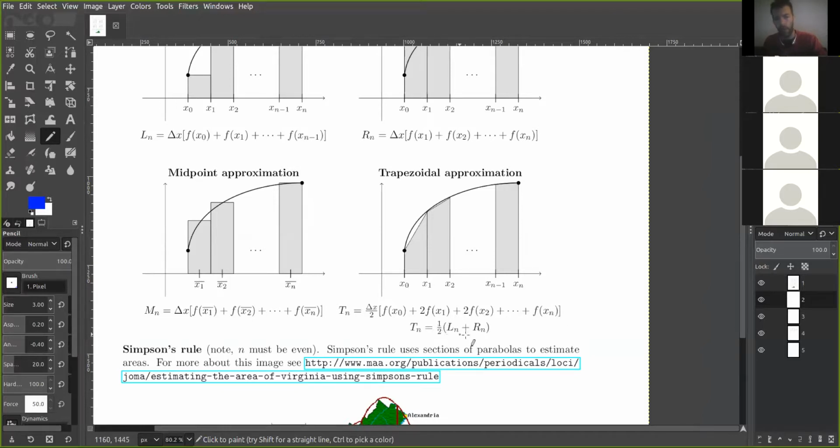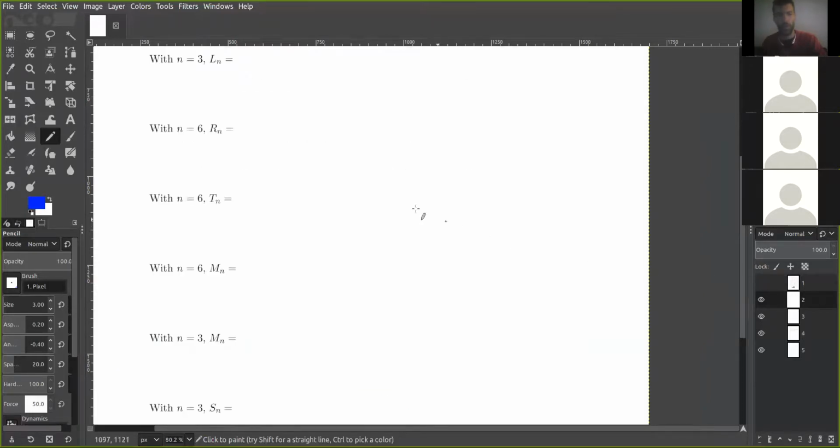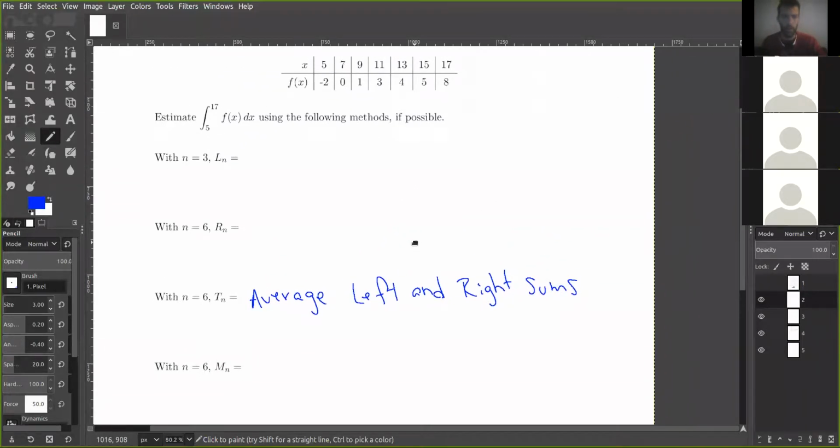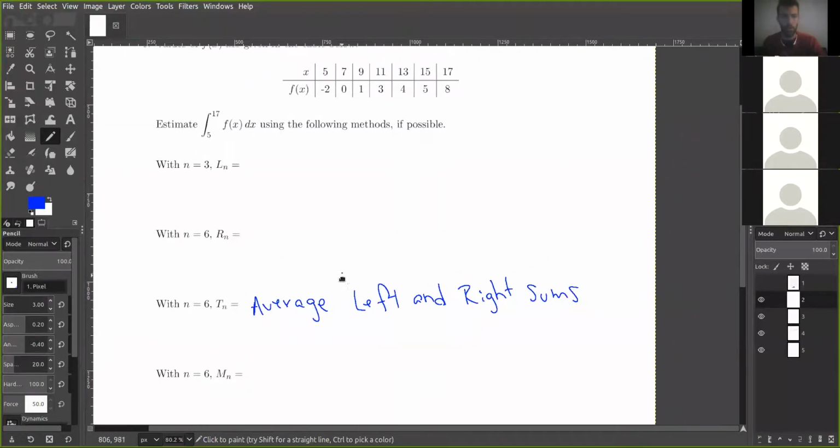But if you compute the left and right-hand sums and average the 2, that gives you your trapezoid rule here, which you should be pretty comfortable doing from a table.